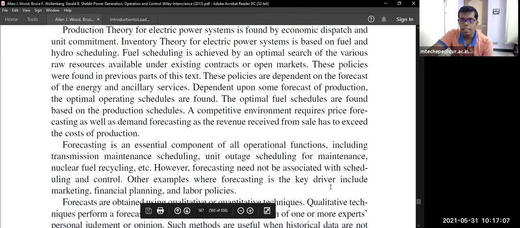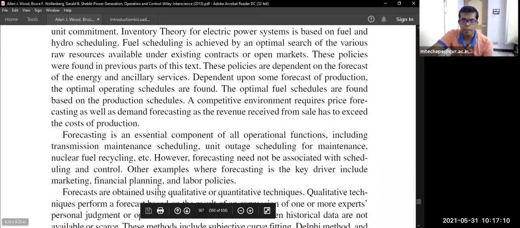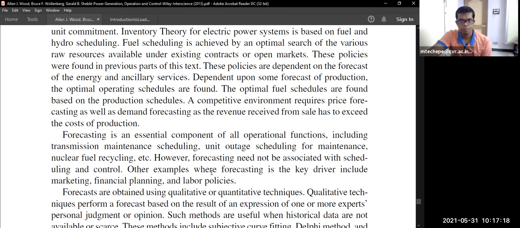And forecasting is a key driver in marketing, financial planning, and labor policies. Okay, so labor: yearly you have to give some increment to the laborers, some percentage, 5%, 8%, 10%. Yearly you have to increase the salaries of the laborers, and that is also done by forecasting.